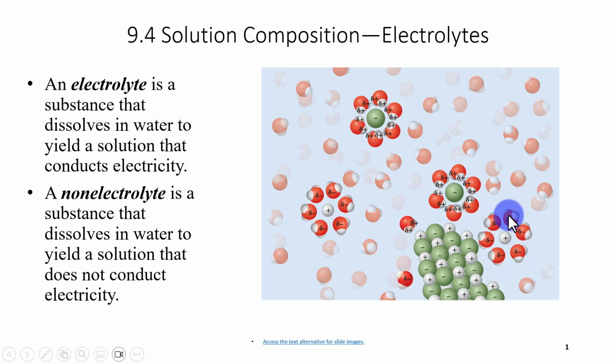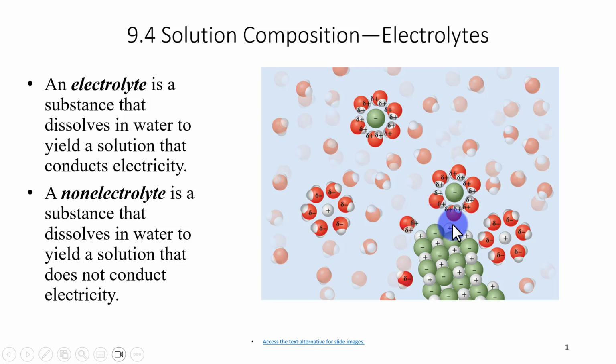The same can be said with the sodium ion. Sodium ion is going to be surrounded by the negative side, so the oxygen side of the water, and they're going to pull the sodium ion off the crystal, and that is how the dissolution process happens.